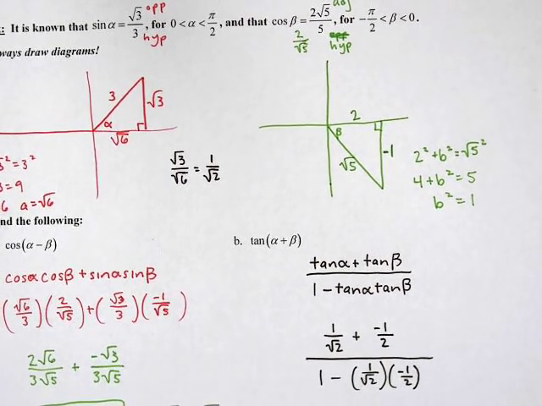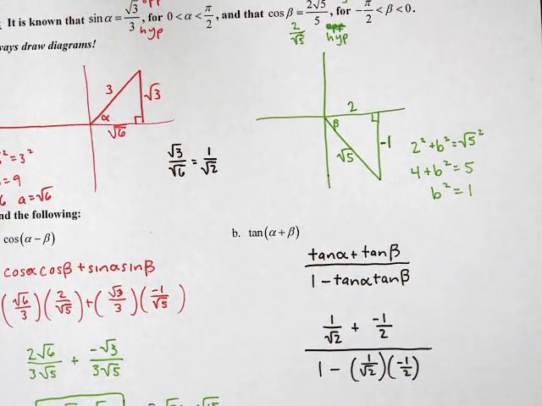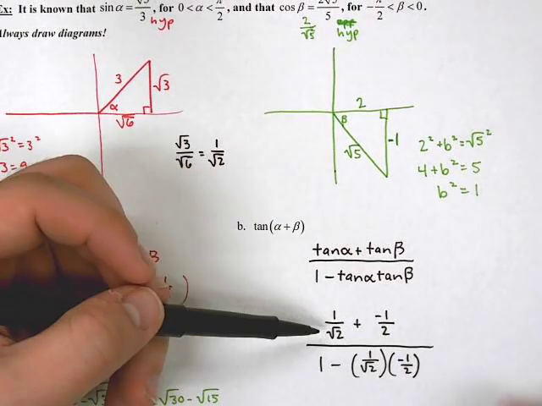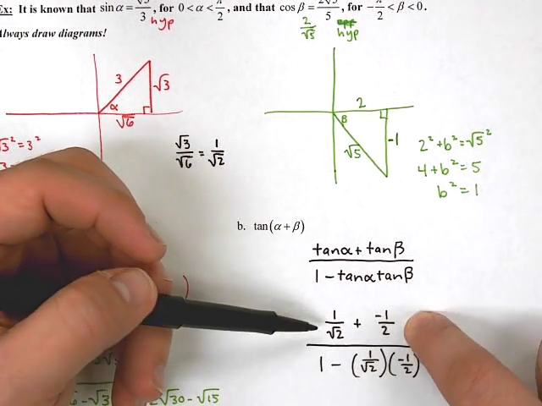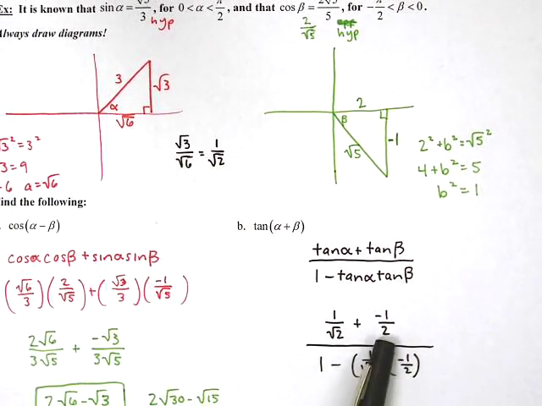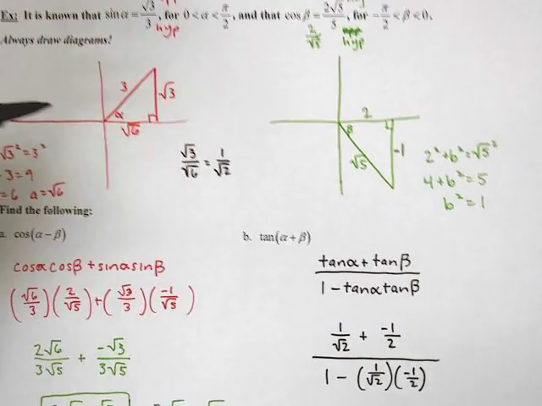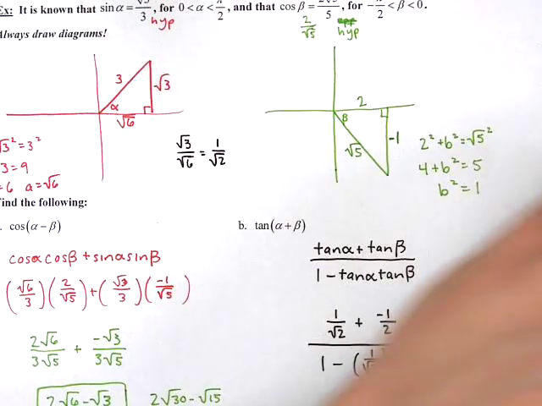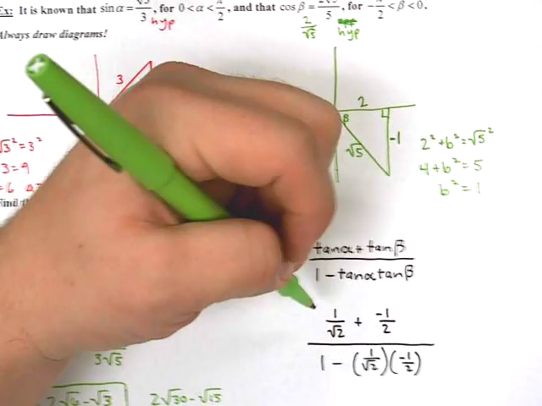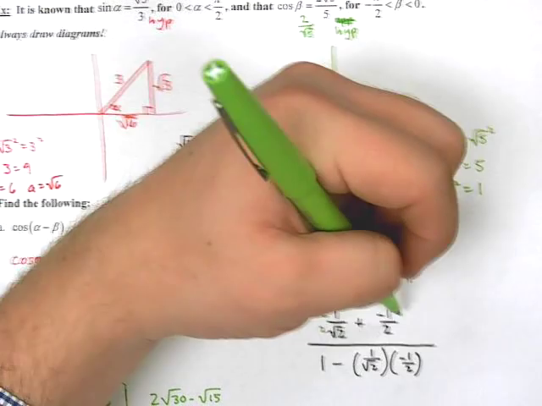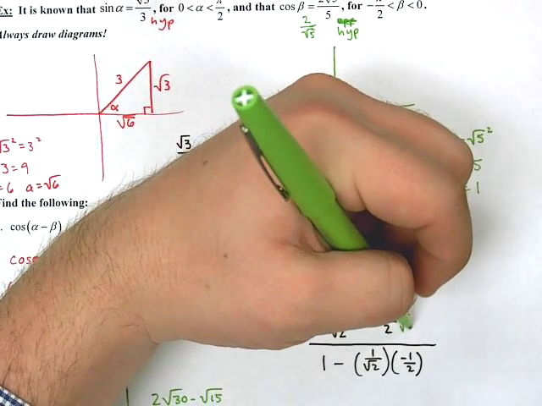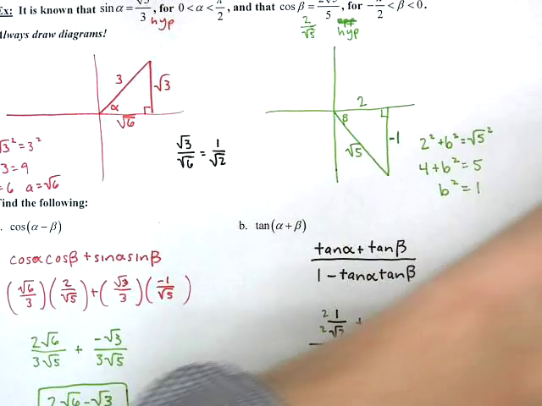Alright, so we have some fraction work to do here. We can't do anything with the numerator until we have a common denominator. What would we do here? Actually, let's just go with it. Let's just do our normal work with common denominators. We would have to multiply this by 2 and 2, this by square root 2 and square root 2, and I think that should work itself out nicely.